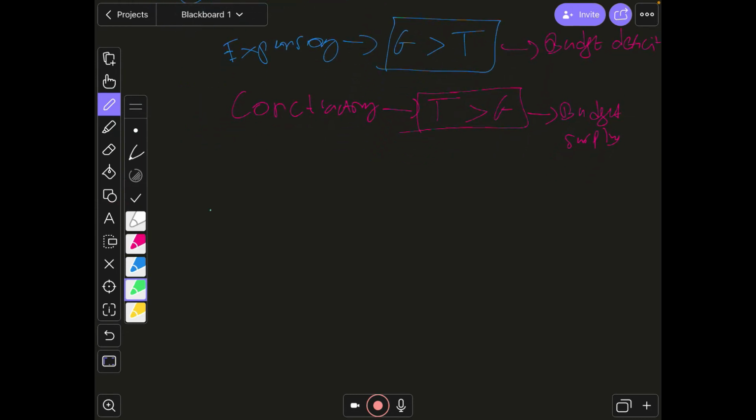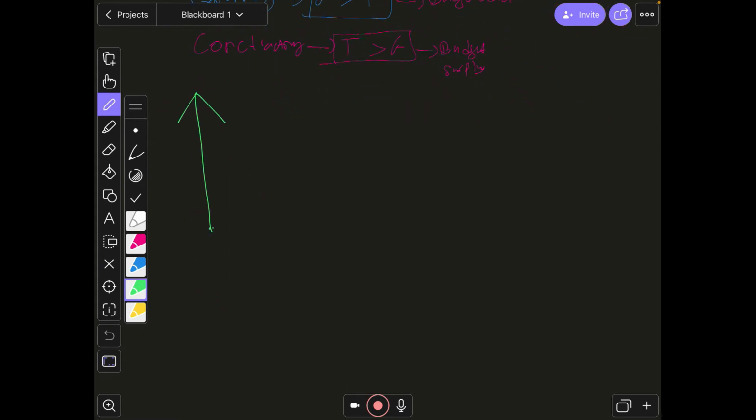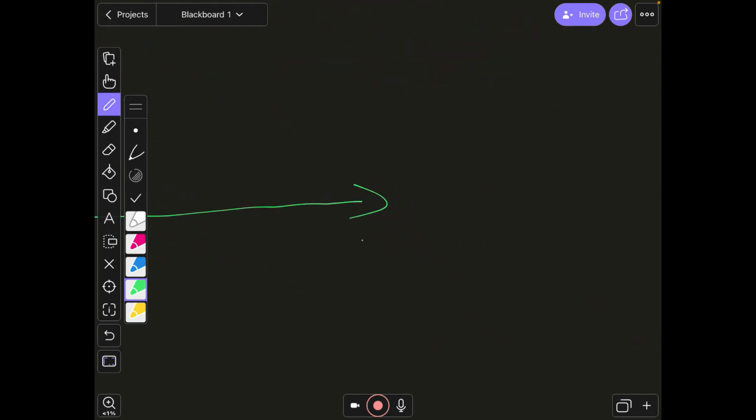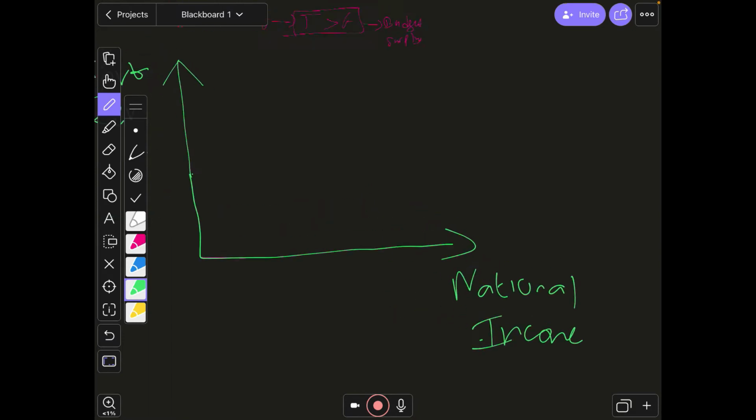Now this can also be presented on a diagram. So let's say we make this as a graph, and so the y-axis represents government's revenue and the x-axis represents national income, right?